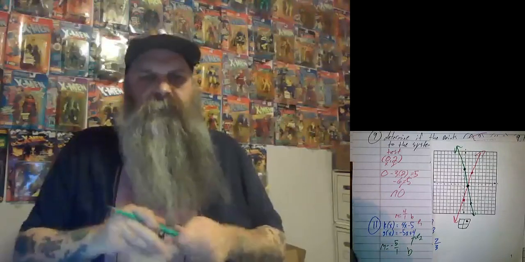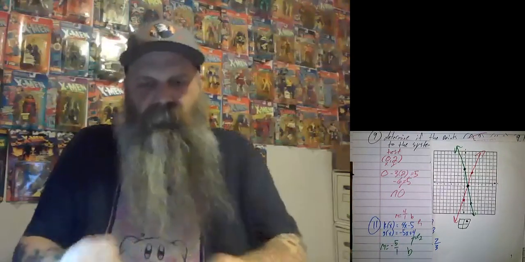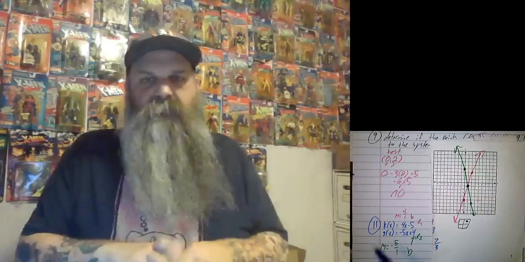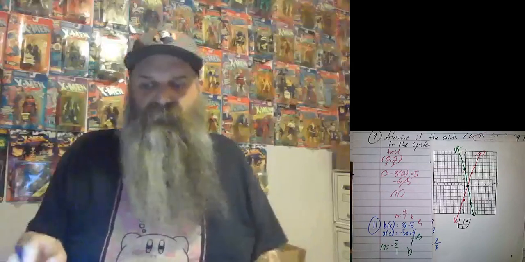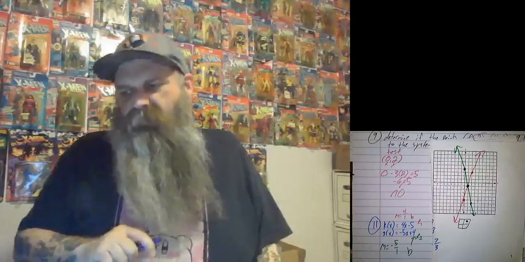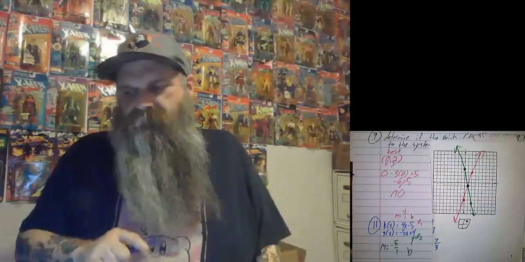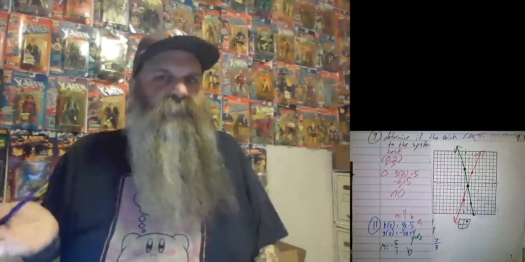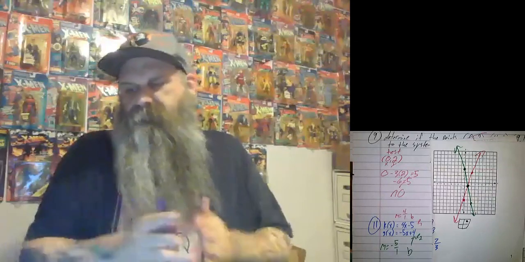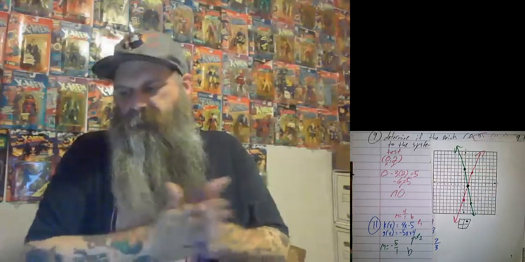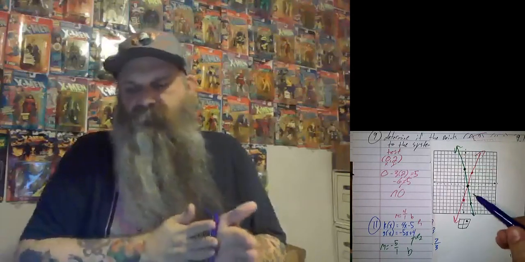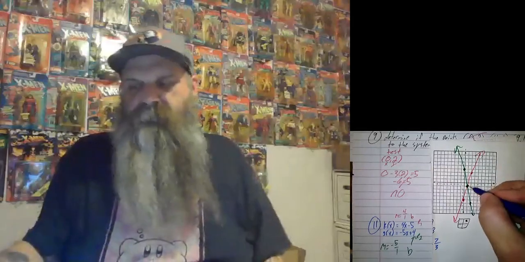So again, number 10, I don't know why it populated such crazy numbers for something that's meant to be graphed and meant to be easier than problem number 11. But your 10 and 11 should work out like this. Get it in y equals mx plus b form if it's not already, and then graph them.